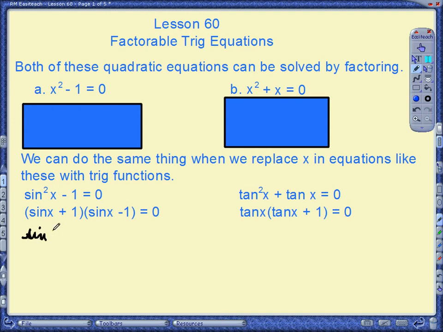We set each factor equal to 0, and from this we would get sine x equals -1. We'd subtract 1 from both sides. We would set the other factor equal to 0, and we would get sine x minus 1 equals 0. Therefore, sine x would have to be equal to 1.